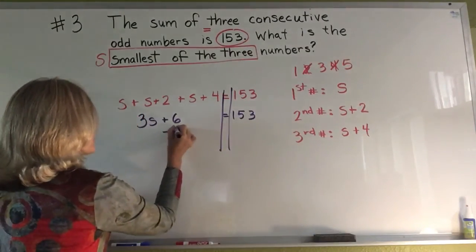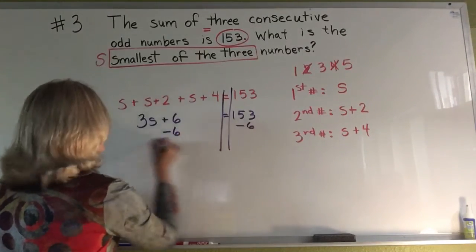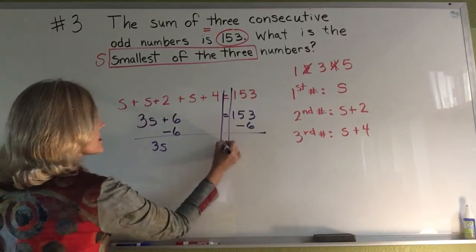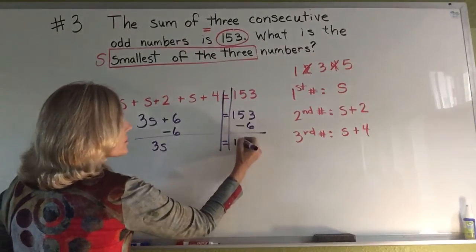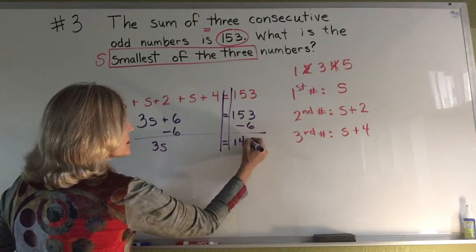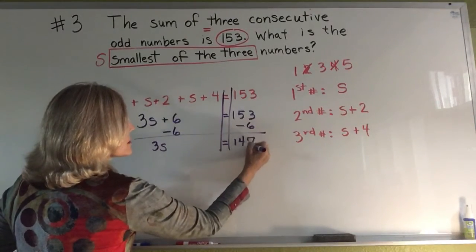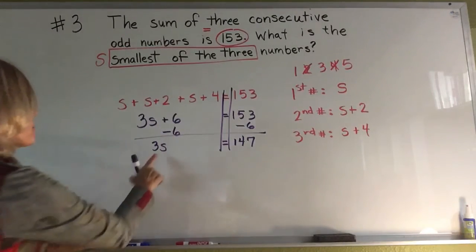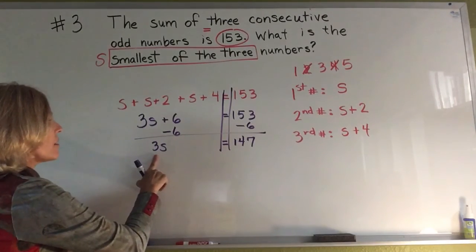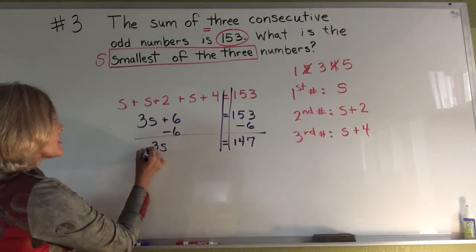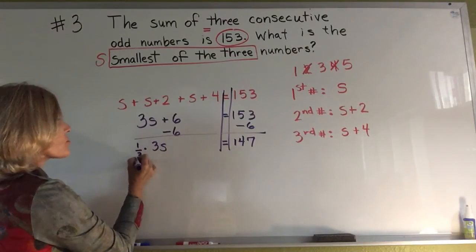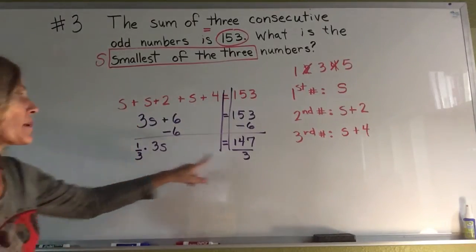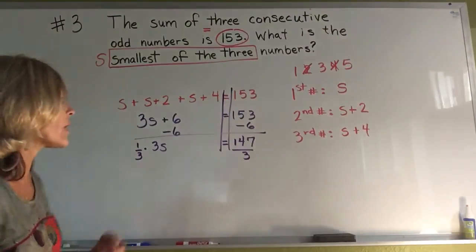So we're going to start out with the addition property, adding a -6 to both sides, and we have 3S equals 147. All right, now the opposite of multiplying by 3 is multiplying by 1/3, which is the same thing as dividing by 3, and that is the multiplication property of equality.